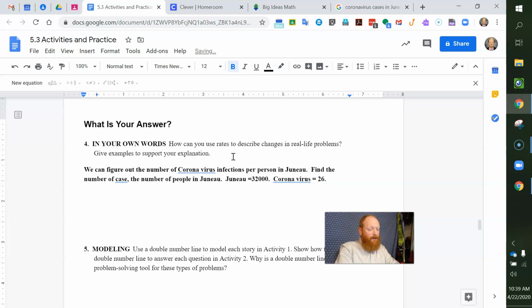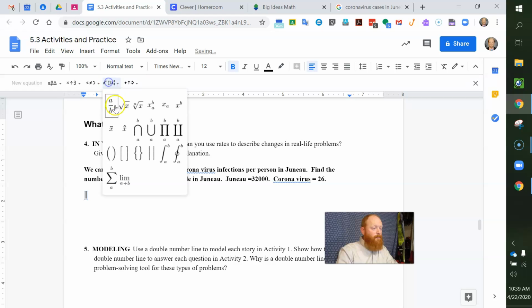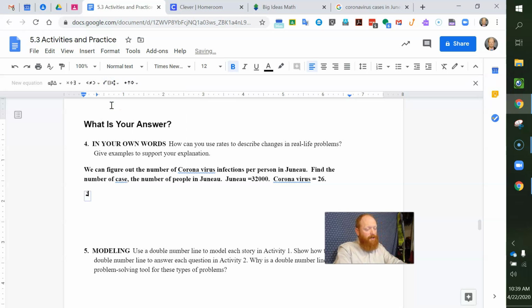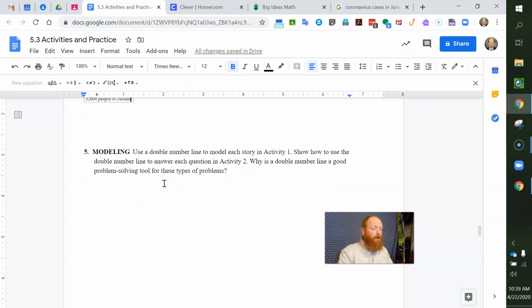Therefore, we could say new equation, 26 coronavirus cases for 32,000 people in Juneau. There we are. We've done it in our own words.